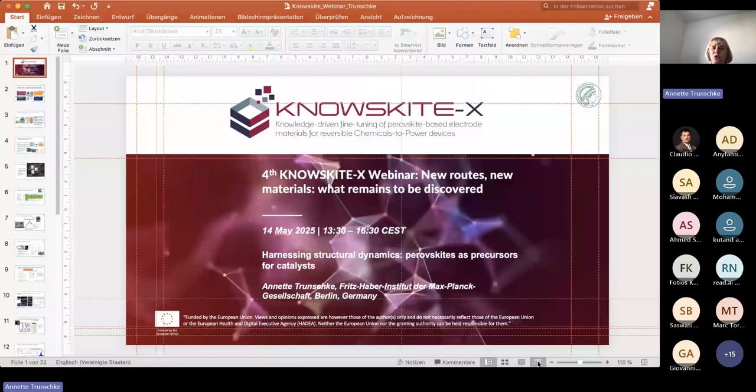We not only investigate the oxygen species, we also investigate the concentration of the A and B sites on the surface. And if we compare with the bulk analysis by XRF, we see for the samarium perovskite a slight enrichment of manganese on the surface compared to the bulk, which is not the case for the lanthanum.